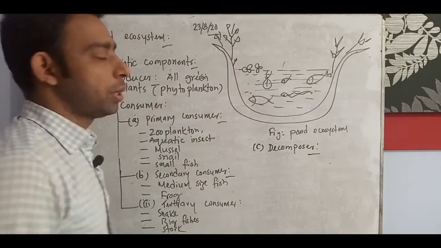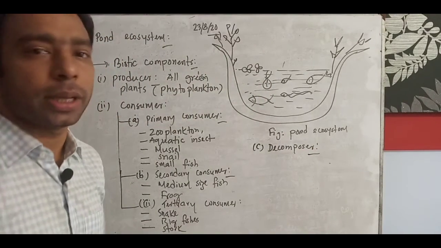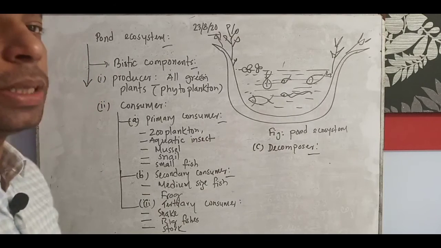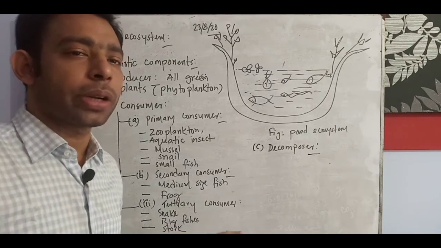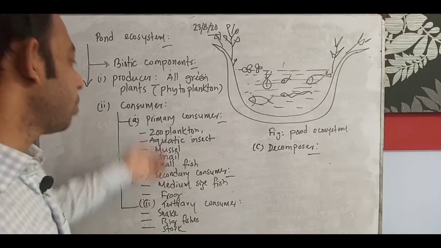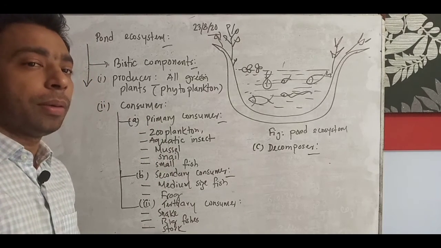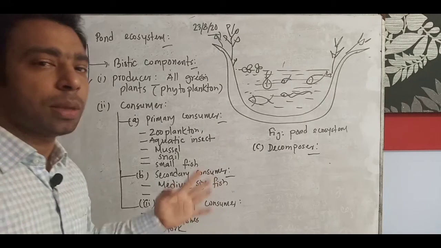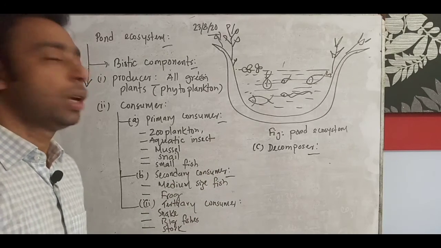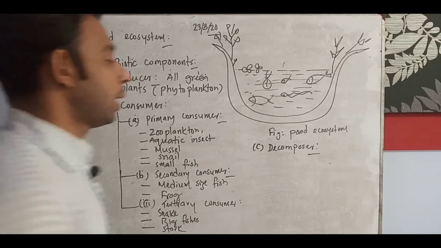So decomposer: if it is asking about decomposers, they decompose. That means they ensure rotting. Suppose any living thing has dead parts, they can be rotten and mix up with the soil and other parts. So that is the decomposer.